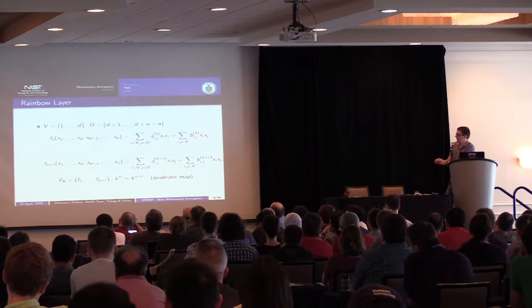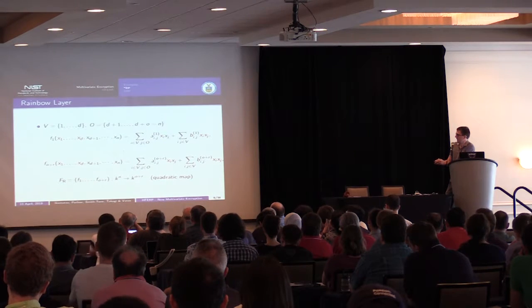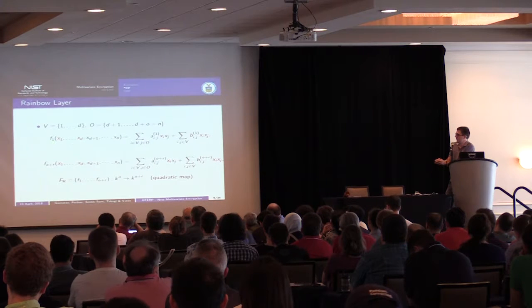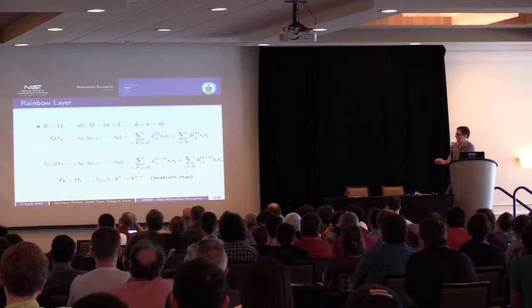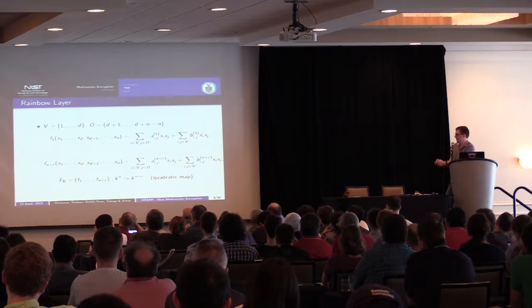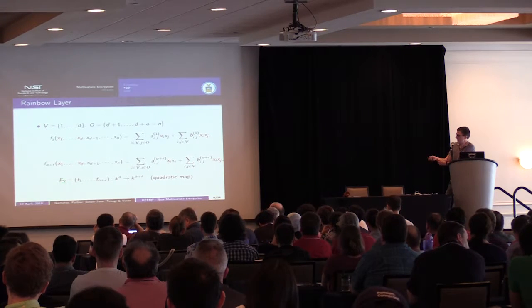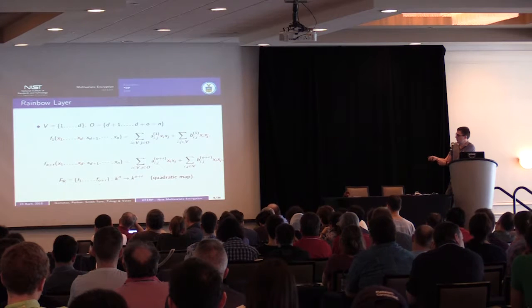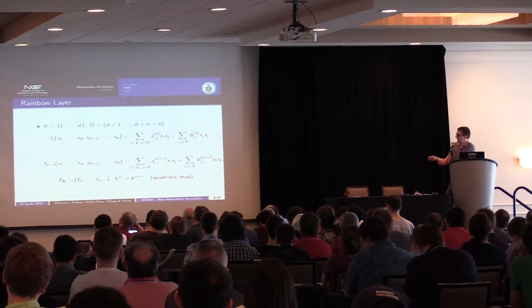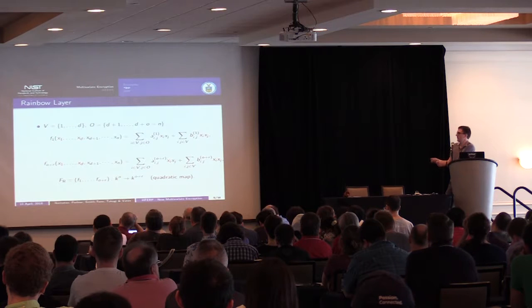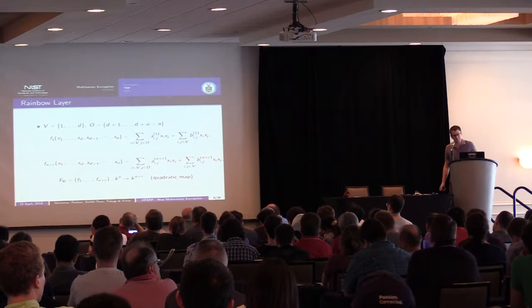And over here, the oil variables only occur linearly in these terms. So if you know the values of the red variables, you can solve explicitly for the values of the black variables. Okay, and that gives us our other portion of our central map, FR, which is O plus R maps from the base field raised to the power of n to the base field raised to the power of O plus R.